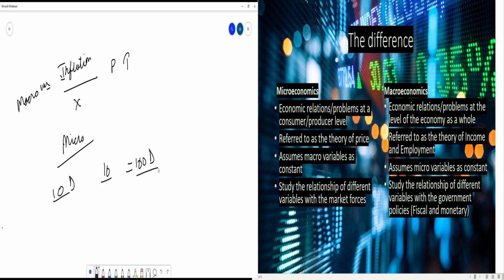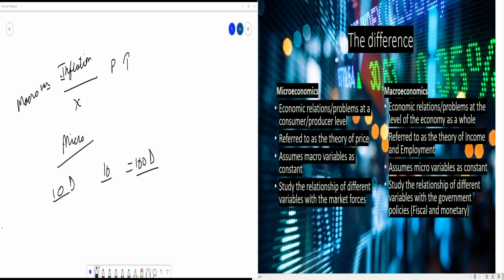So that will be constant. What I was trying to tell you here is that in microeconomics we assume that macro variables are constant, and similarly the opposite happens when you look at a macroeconomic study. That means that the micro variables are constant.